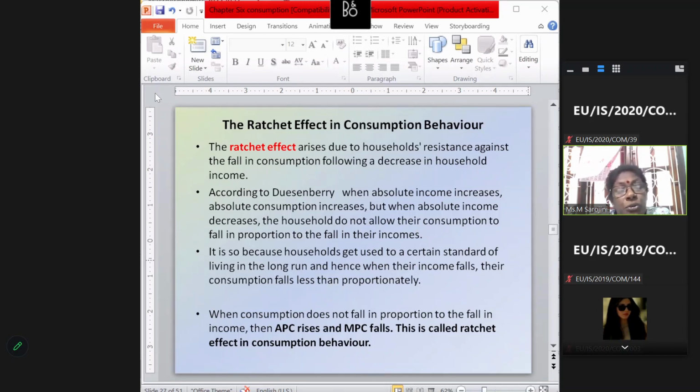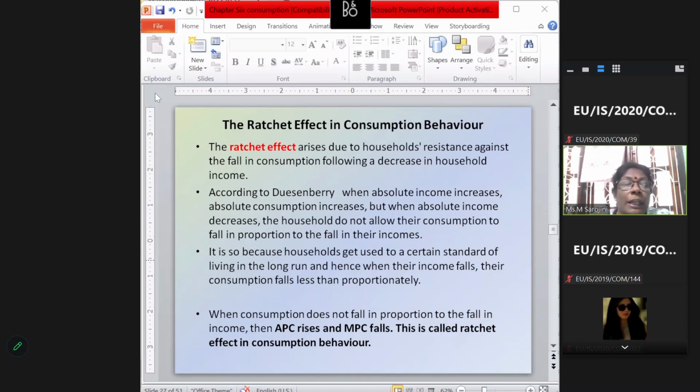Here, according to Duesenberry, when absolute income increases, absolute consumption increases. But when absolute income decreases, the household does not allow their consumption to fall in proportion to the fall in their incomes, right? In Keynesian theory, when the income decreases, consumption also decreases, and when the income increases, consumption also increases.